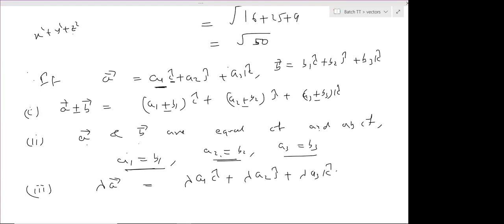That means the coefficients of i and j and k must be equal. All right. Okay. Note it down.